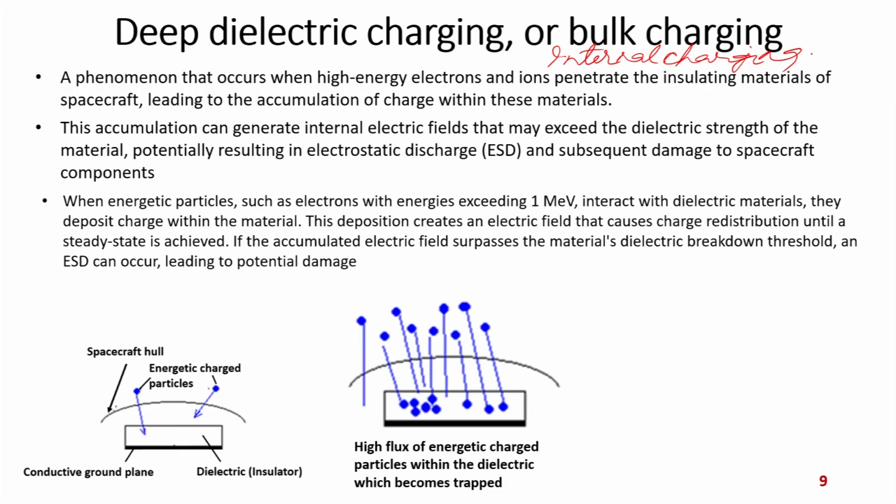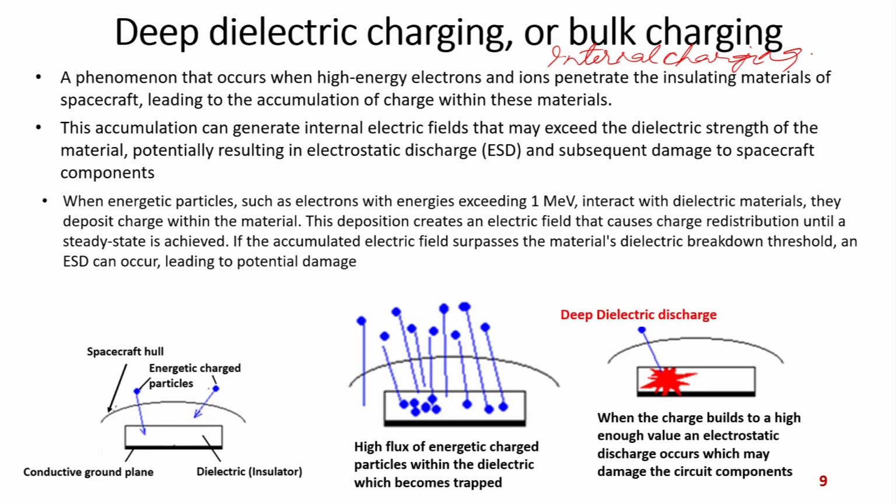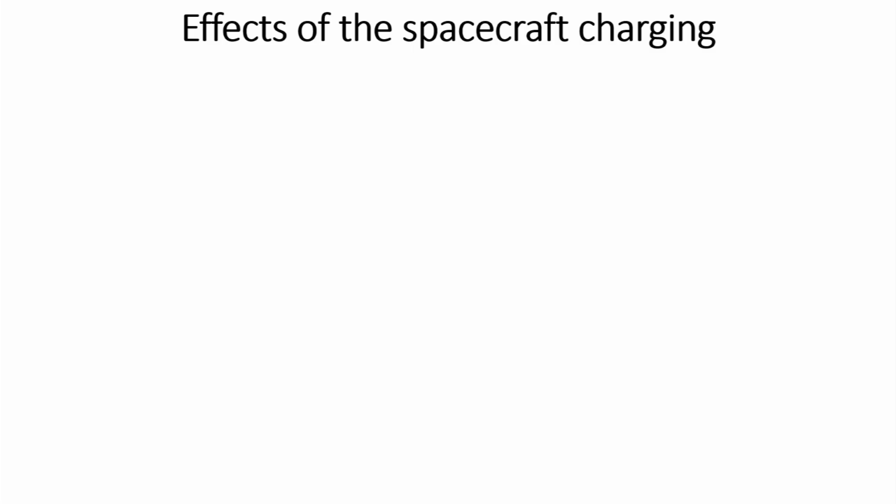When that electric field intensity crosses the breakdown field or breakdown voltage, the accumulated potential exceeds the breakdown voltage, and there will be a discharge inside the dielectric, giving rise to a deep dielectric discharge.